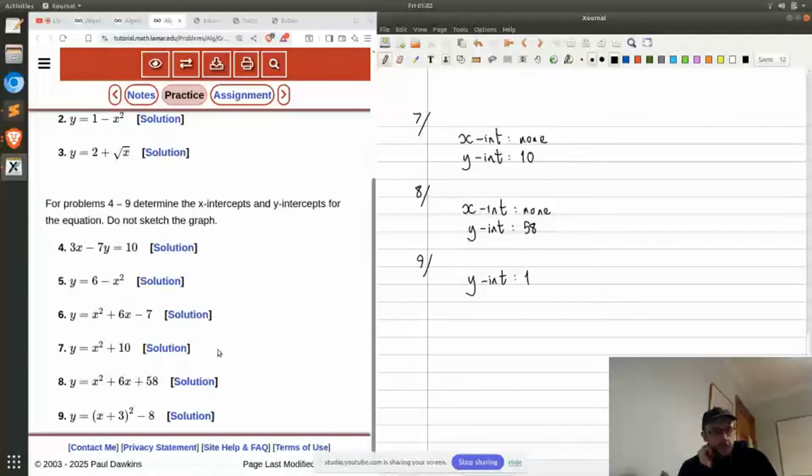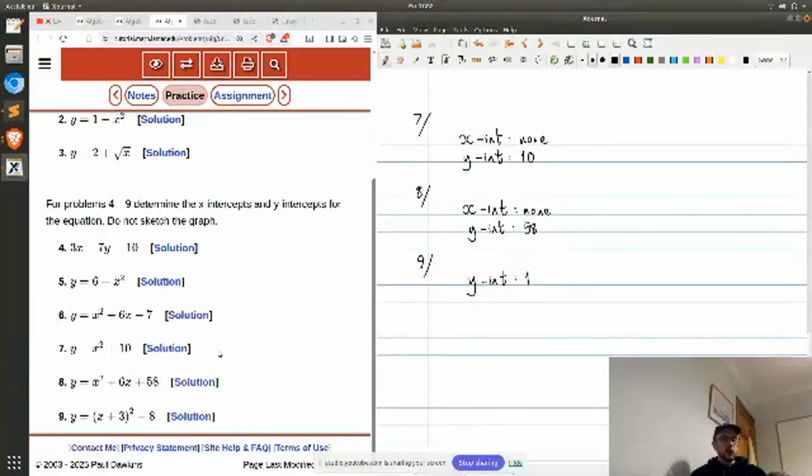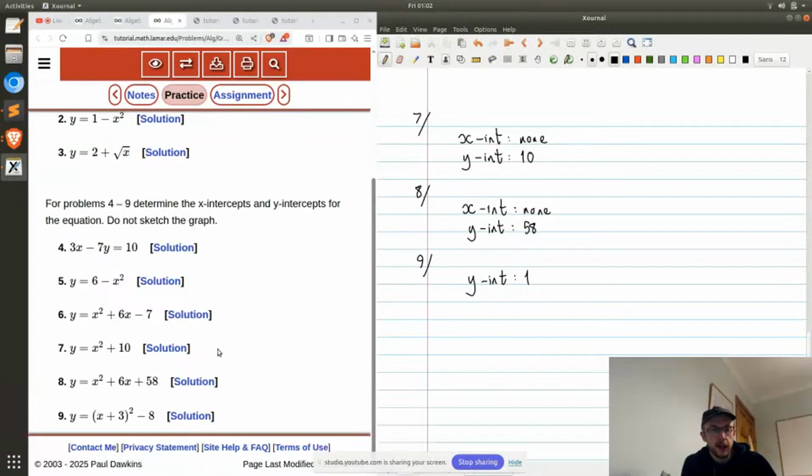If I set y equal to 0, I would move the 8 to the other side, so again equal to x add 3 all squared. And then I square root 8 to get plus or minus 2 root 2, and then subtract 3 from that. And then I'll get the x-axis intercepts. So the x-intercepts are -3 plus or minus 2 root 2. There you go.